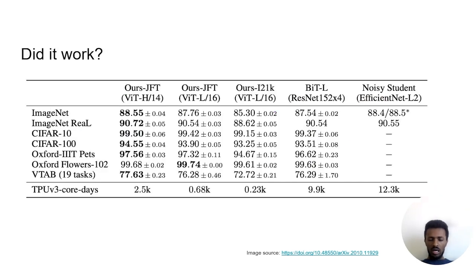So how did the vision transformers perform compared to other benchmarks? As you can see, it got a higher image classification accuracy, and it was run using almost 2500 TPU v3 core days.